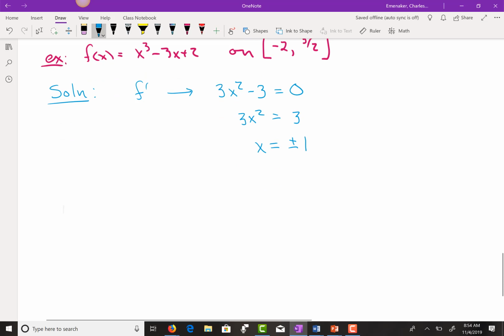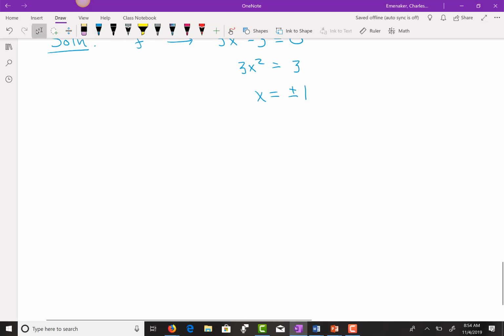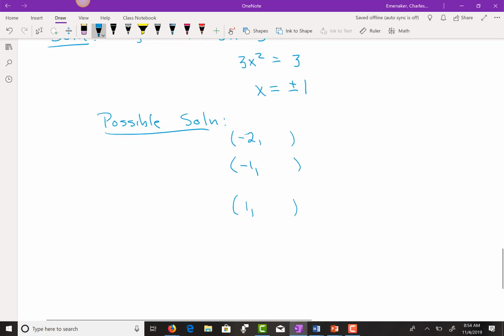Now, your possible solutions are going to be at x equals negative 1, and whatever that works out to be, at x equals 1, and whatever that works out to be, and your endpoints, negative 2, and whatever that works out to be, as well as 3 halves, and whatever that works out to be.